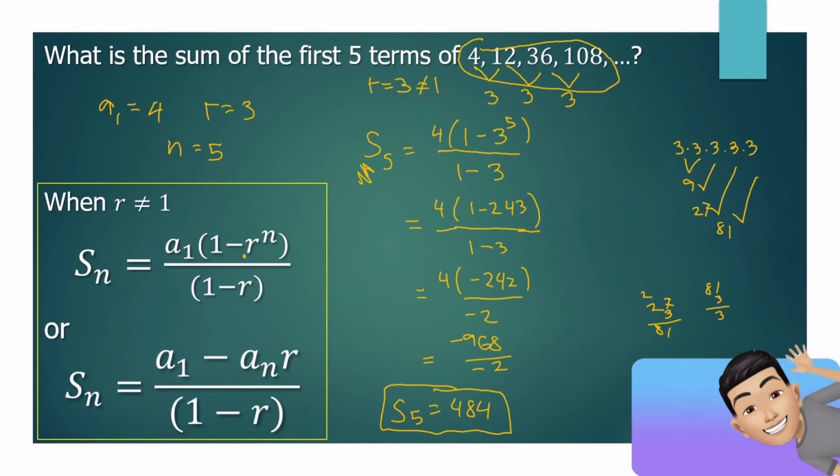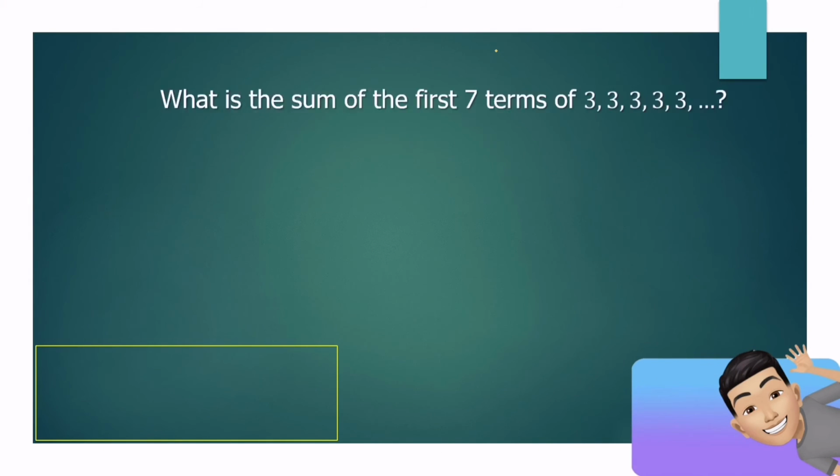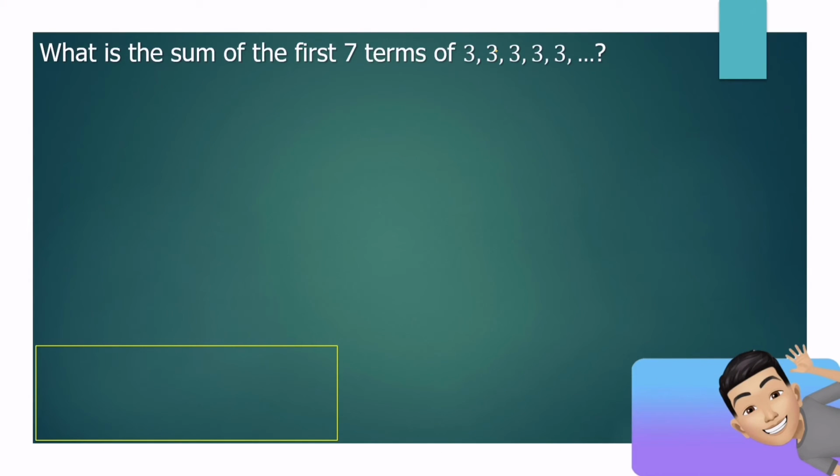Okay? So, malinaw ba? Next, let's have another example. What is the sum of the first 7 terms of 3, 3, 3, 3, 3, 3, 3? Okay. So, obviously, kapag ang isang term ay naulit lang ng naulit, ang common ratio na ay 1.